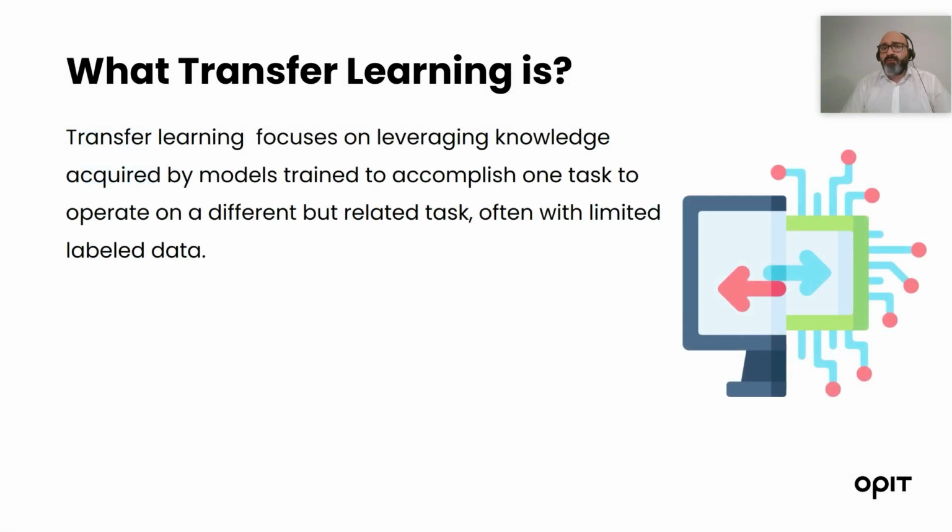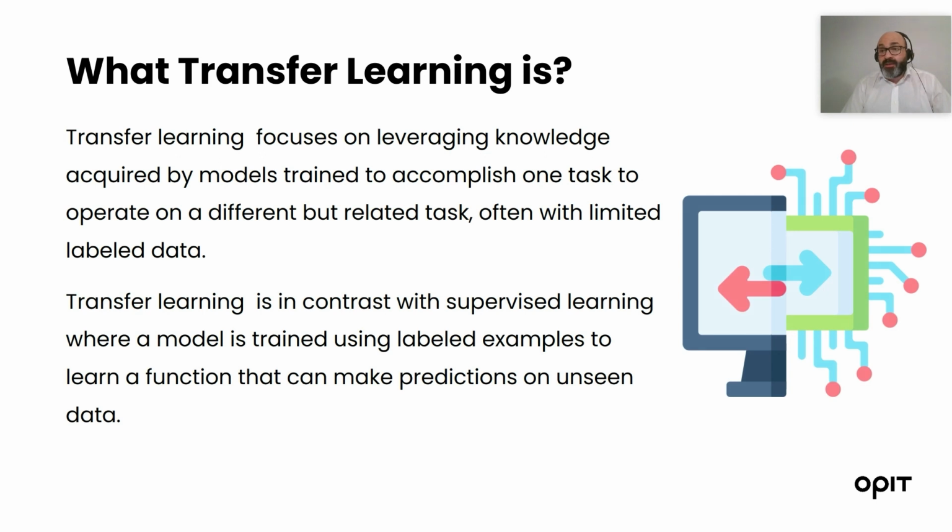Transfer learning focuses on leveraging the knowledge acquired by a model trained to accomplish one task and to operate in a different but related task. This second task, the target task, often has limited labeled data. And indeed, transfer learning is in contrast with supervised learning, where the model, as we have seen, is trained using labeled examples to learn the function that makes predictions on unseen data.